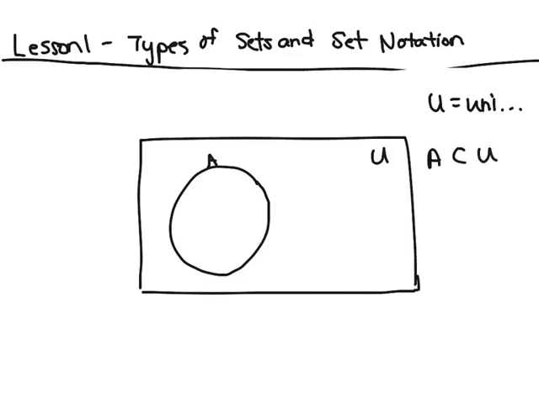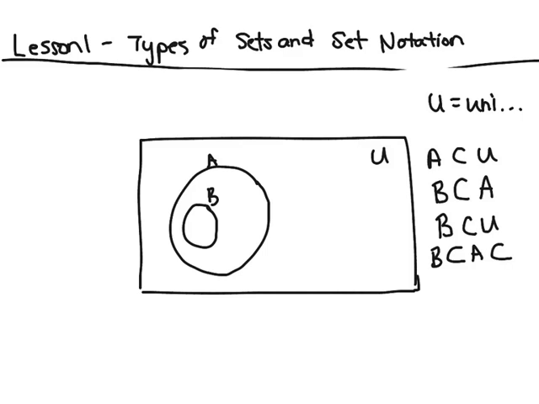We also have a subset of A, that is B. And because B is inside A, B is a subset of A, and you could also say that B is a subset of U. Another way that you could write this is B is a subset of A, which is a subset of U. This and this mean the same thing.